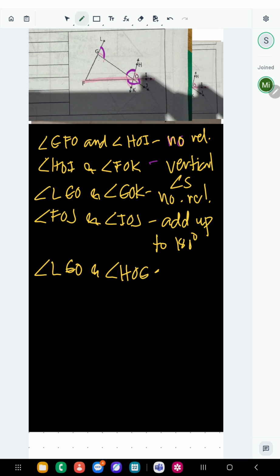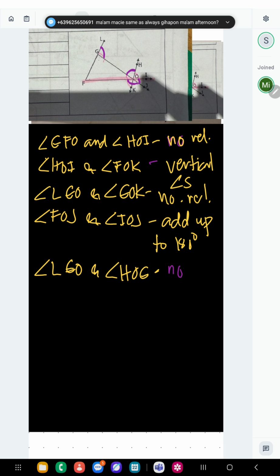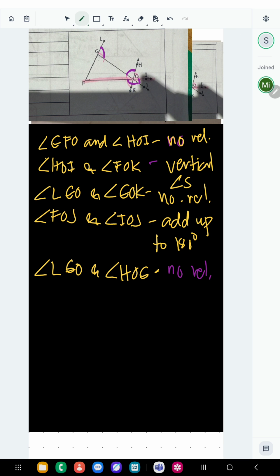I have a question from the start of this problem. Is there anything that says this line is parallel to this line? No? Oh, so they are not same side interior angles. So no relationship. Then we answered 1, 2, 3, no relationship.